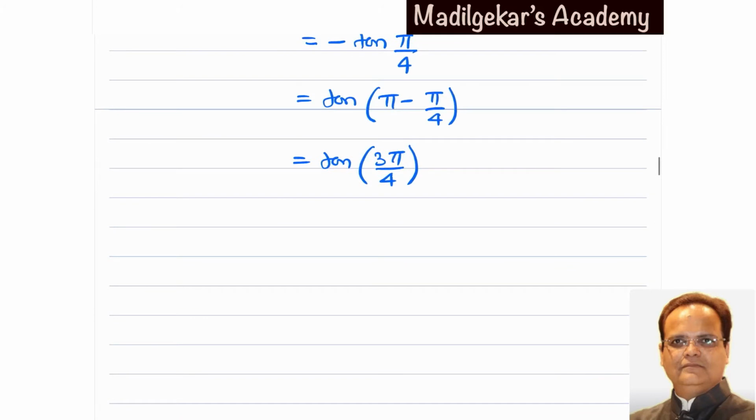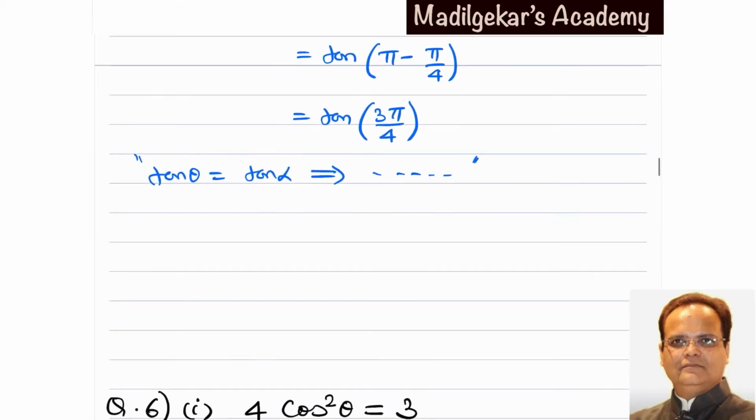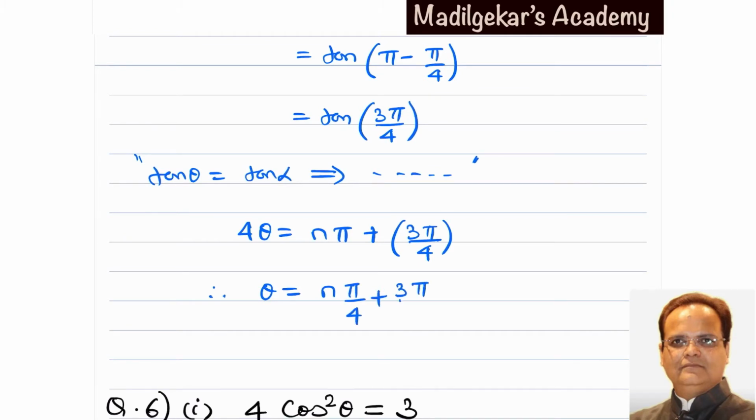Again recall the formula, tan theta equals tan alpha. It gives 4 theta equals n pi plus 3 pi by 4. So on simplifying we get theta equals n pi by 4 plus 3 pi by 16. So this is the required general solution.